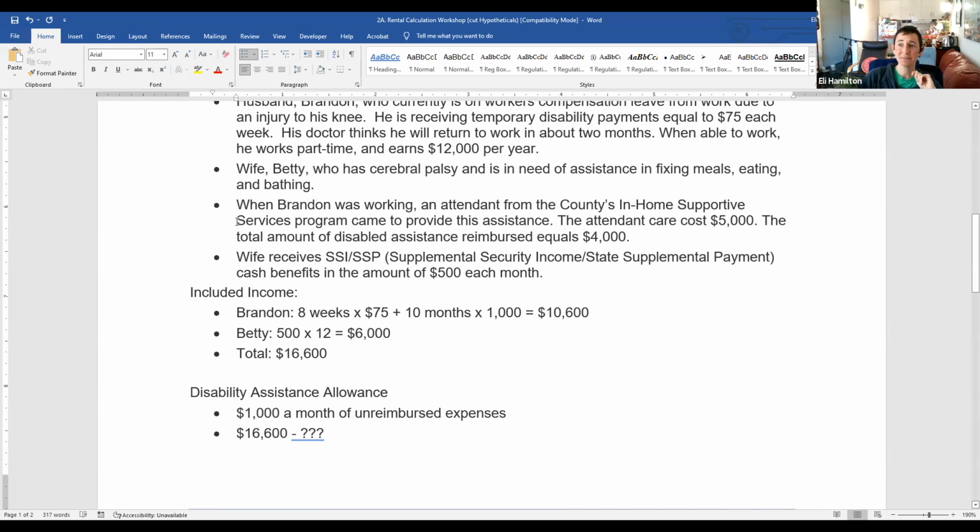But this indicates to me that potentially it did, right? And so if there's no in-home supportive services expenses while Brandon is not working, how much would we want to deduct as an allowance? I think for simplicity's sake, we can say we just ignore the 2 months that Brandon's going to be home, and we estimate $10,000 of unreimbursed expenses, right?